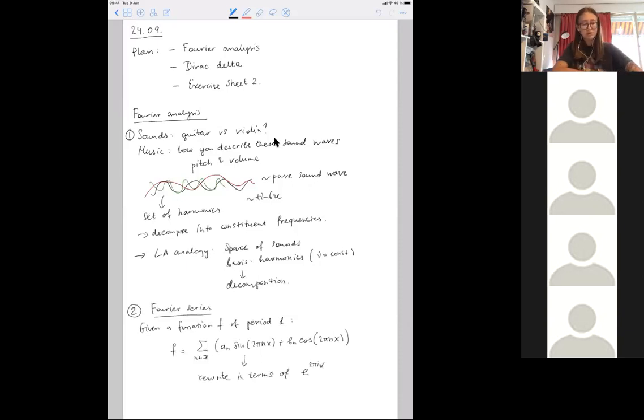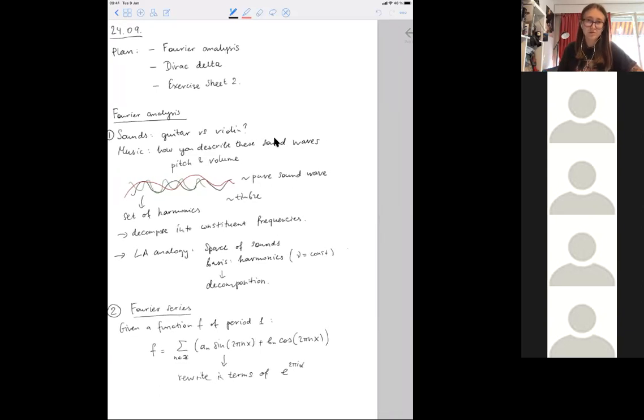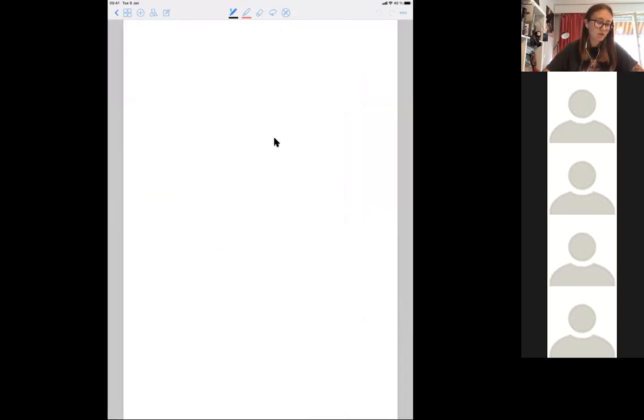I'll do it explicitly, since it can also be a good reminder of how you deal with complex exponential numbers. So then we can write that f of x, the summation remains.